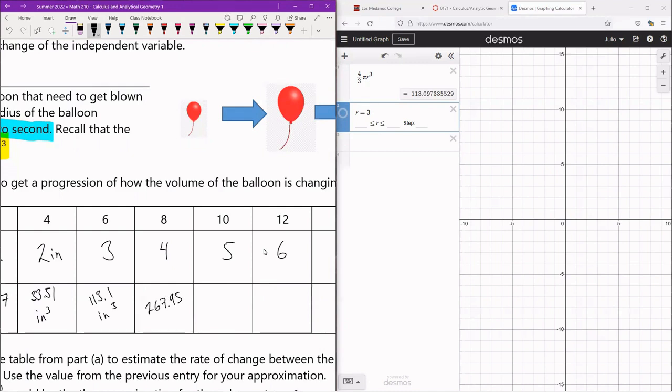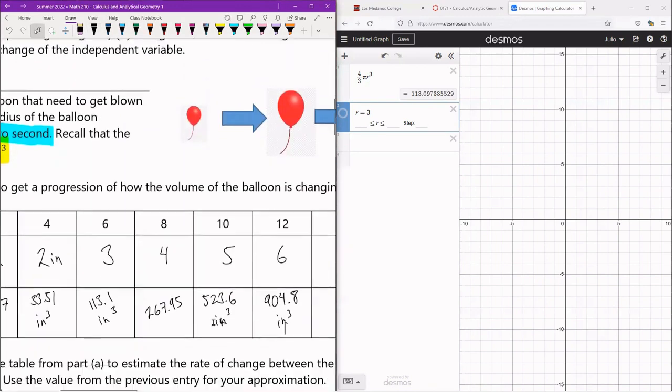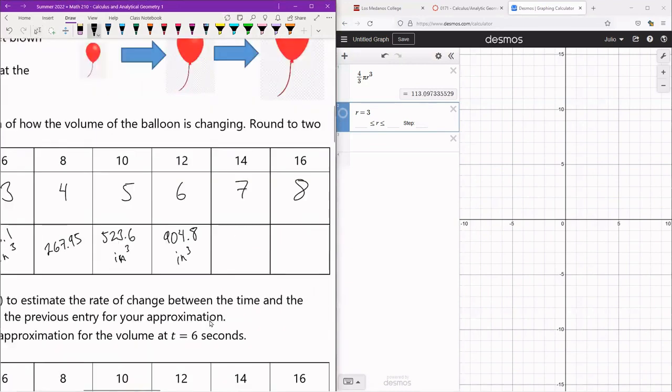For 5, it should be 523.6 inches cubed. For 6, it should be 904.8 inches cubed. Let's go to 7. That's going to be 1436. And then the last one, 2144.